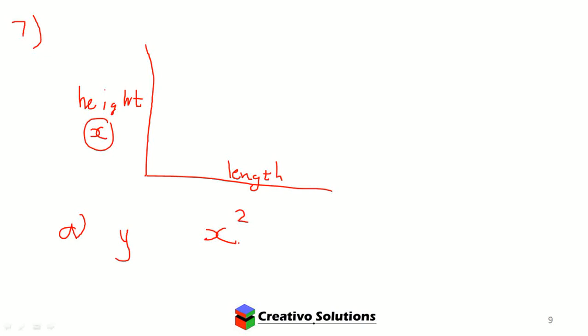If x had to increase by, let's say, 1, it's not directly proportional, because it's literally squared. So x would be squared and y would just remain as is. Write down a general equation for x and y.